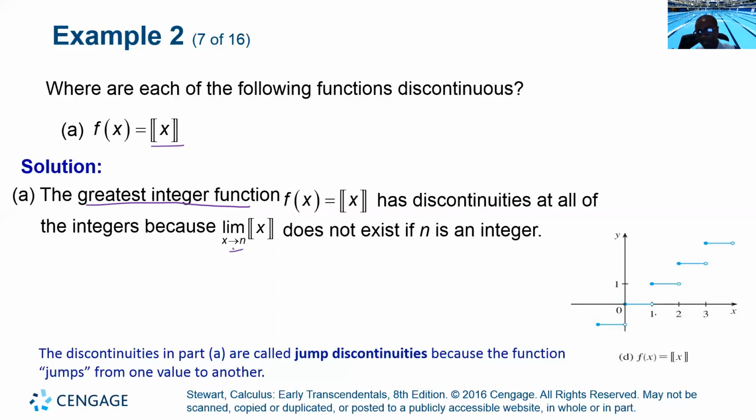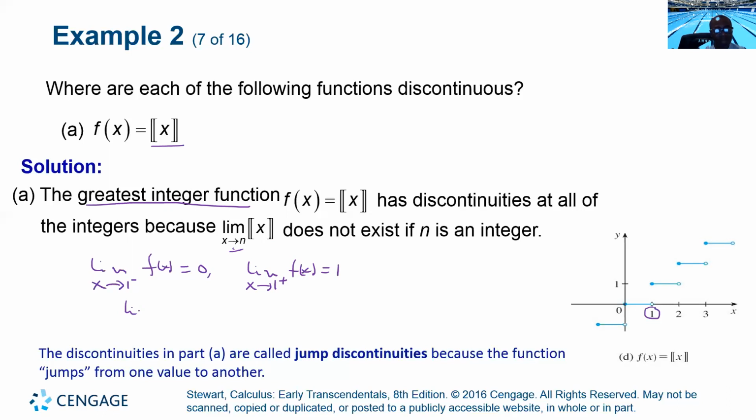Now look at it. Consider the integer 1. As x approaches 1 from the left, f of x is equal to 0, right? But as x approaches 1 from the right, the function is actually equal to 1.